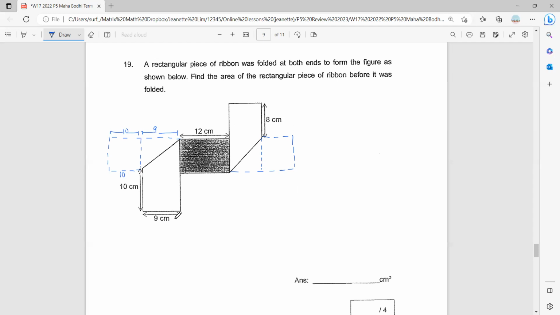And also, if this is 9, if you unfold it, then this part here is also 9. So that's the breadth. Then on this side, this is 8, so this is 8. Yes, and since the breadth of the rectangle is 9, this part here has to be 9.